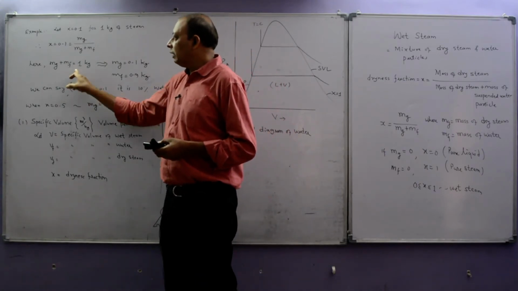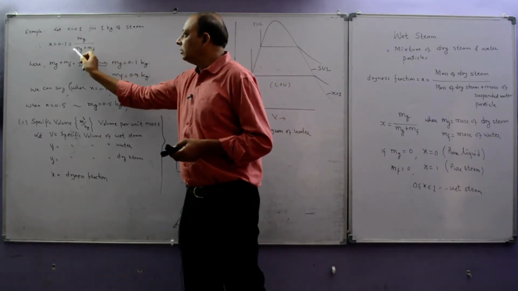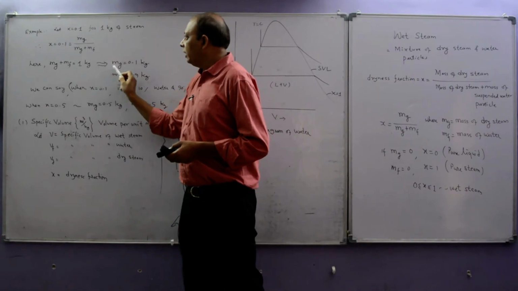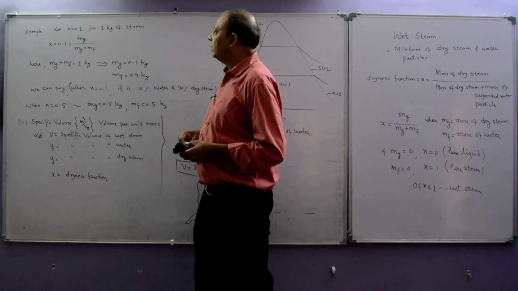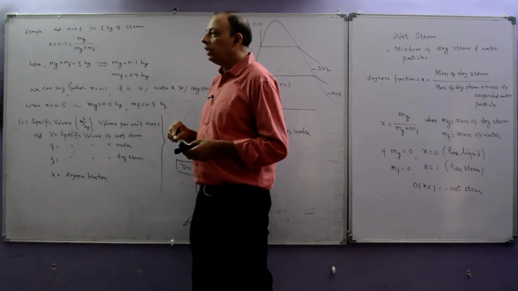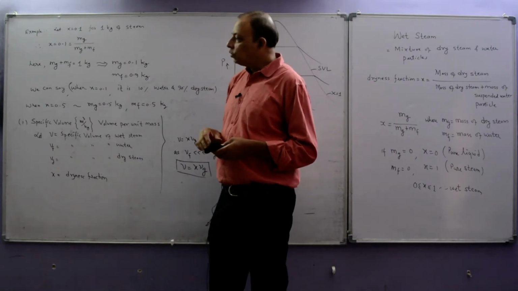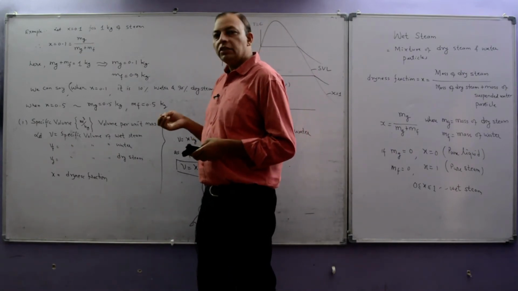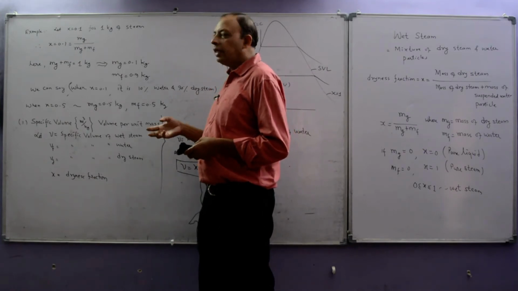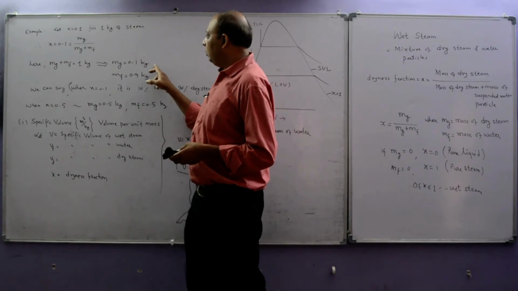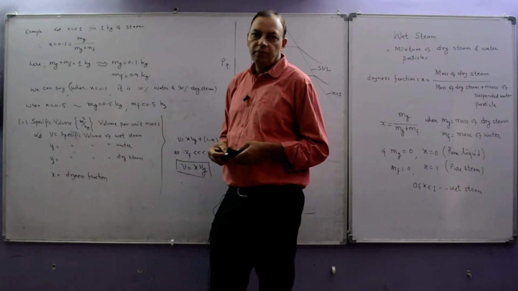Here mg plus mf equal to 1 kg, so we can write mg equal to 0.1 kg. If mg equal to 0.1 kg, in total 1 kg, 1 minus 0.1, we will get 0.9 kg. So we can say if x equal to 0.1, only 10% will be dry steam and 90% will be water.